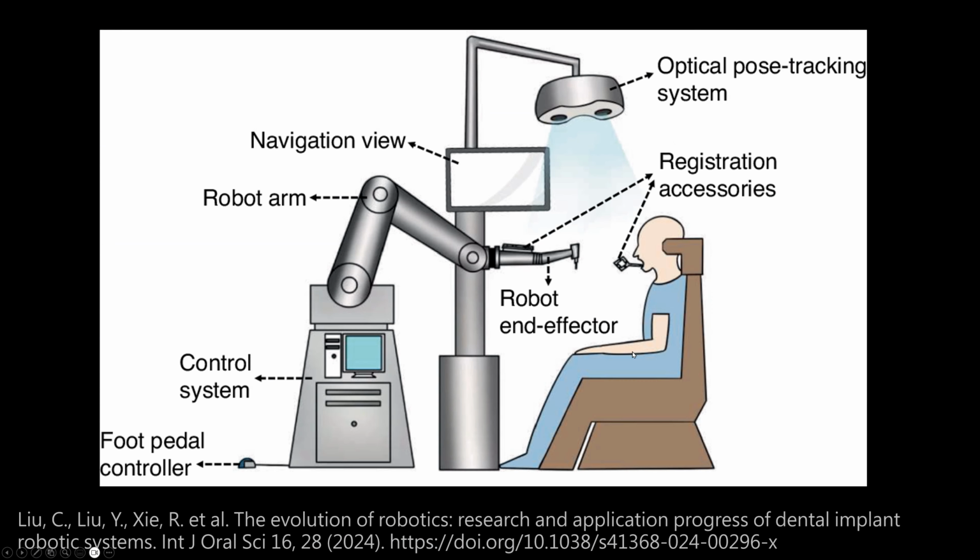So here is the full concept of the robotic surgery. They also have the dynamic navigation tracking system, but they use a robotic arm to guide you. It will restrict you: if you deviate from the track, they will tell you, or you cannot deviate from the track with the robotic arm.